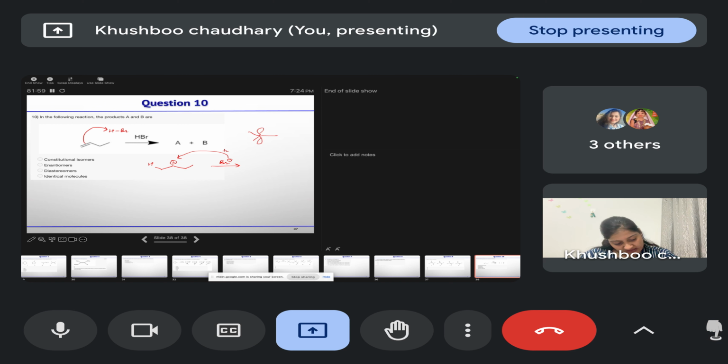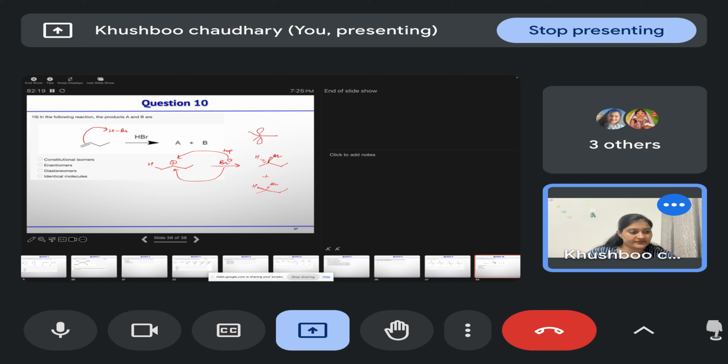So there are two possibilities. Let us consider one from the top and one from the downside. In one case, if the bromine approaches from the top, the hydrogen will be down, and in the other case, the bromine will approach from down and the hydrogen will be up. Correct? Yes, ma'am. Now are these enantiomers, diastereomers, constitutional isomers, or what? How many chiral centers are there?